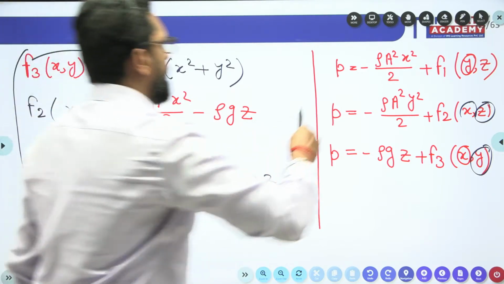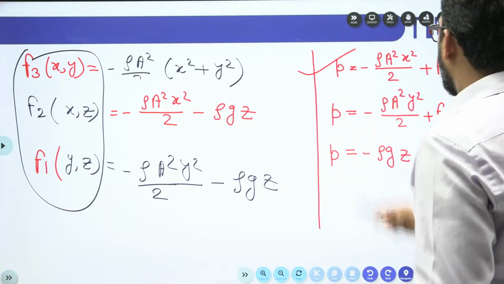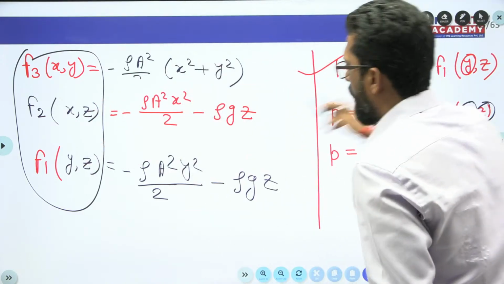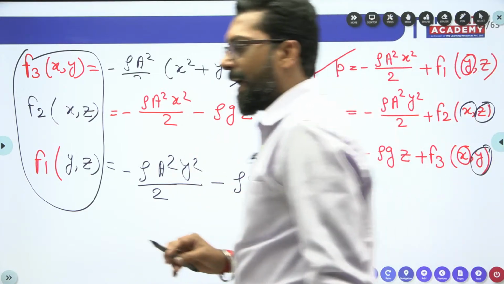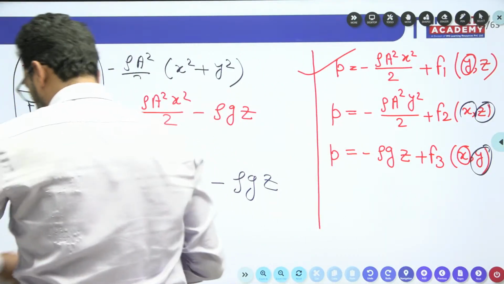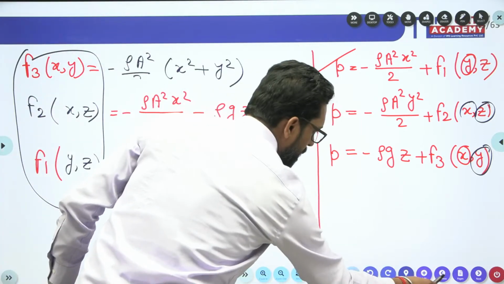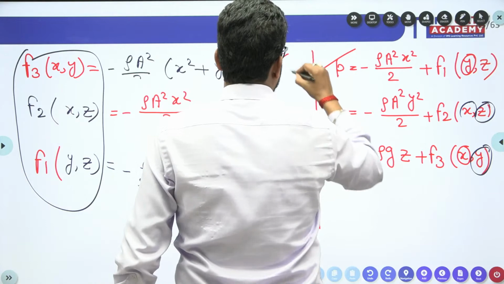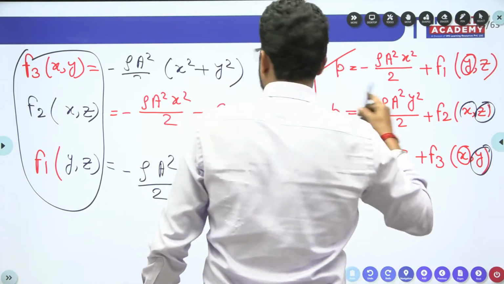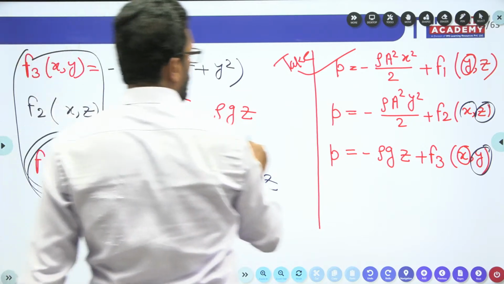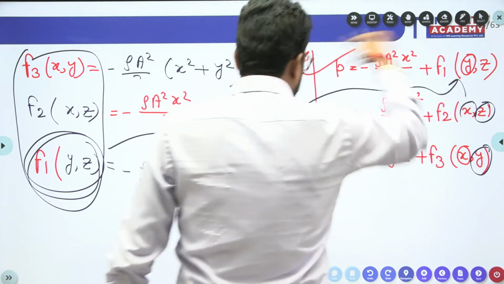Now you take any one equation. If you take this one, put this value F1 here, and then you integrate, and we take 2 points nearby. Put F1 value into this one, and then integrate.